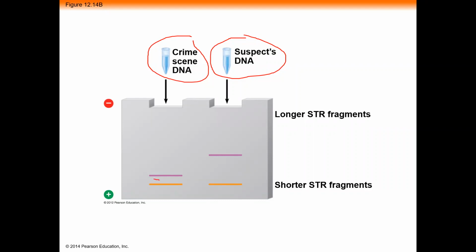Well, the only thing that matches here is the short STR fragment. However, the longer STR fragment does not match between the crime scene DNA and the suspect's DNA. So this might be a somewhat happier case for this suspect. This person was not at the crime scene, because to have been at the crime scene, it should have been a perfect match on the gel.